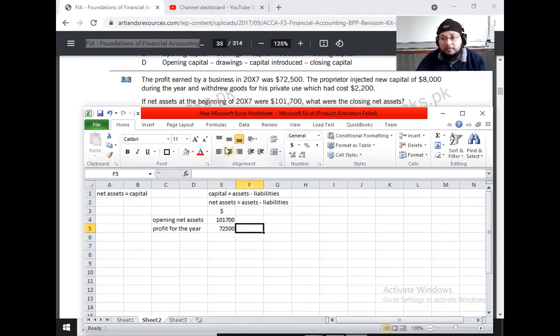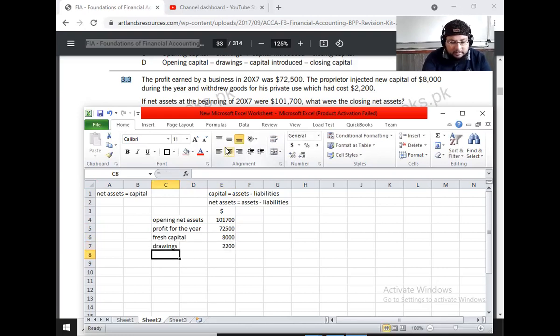This question is extremely important. Okay, so this question can be asked in the examination with some other figures using the same scenario to calculate the closing net assets. Then we have fresh capital in this question, which is $8,000, and we have drawings, which is 2,200.